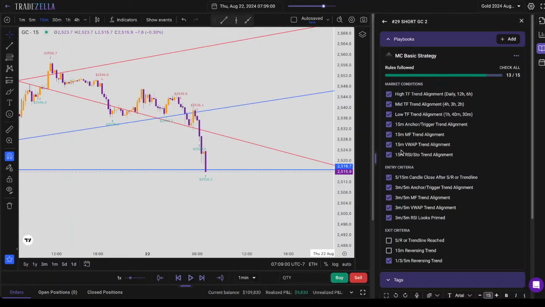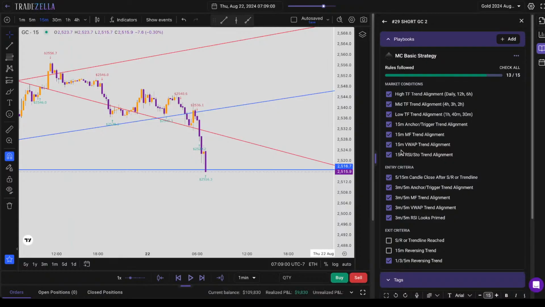The brain needs time to process all that cortisol and dopamine, all those chemical reactions from the excitement of losing or the excitement of winning, the fear, all of those emotions.